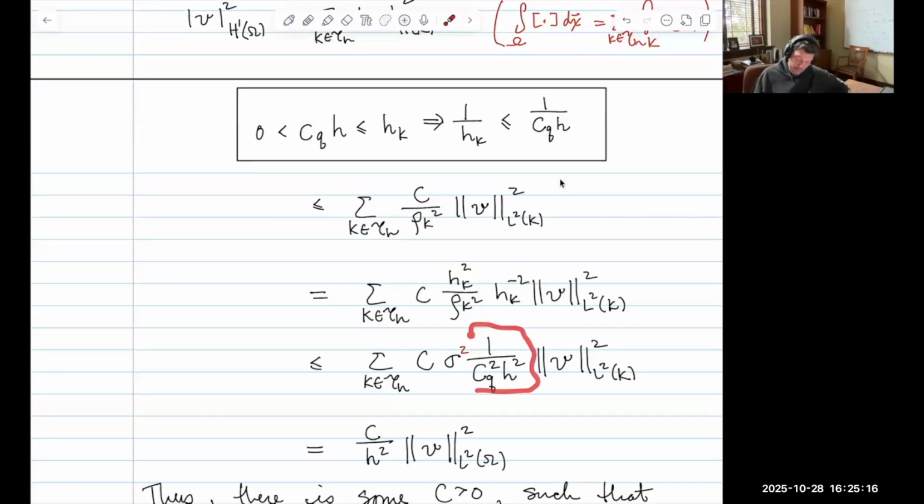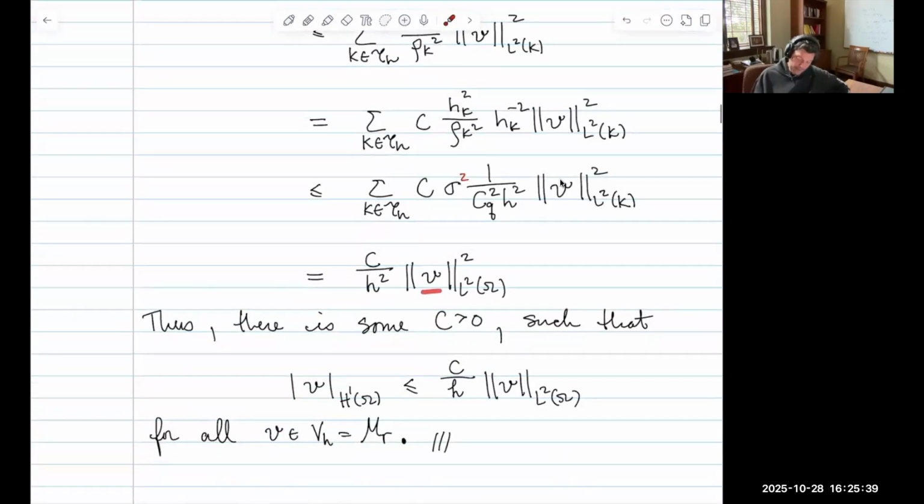So I'm replacing that by this calculation here. And now once I have these numbers here, notice that they're completely independent of k, so I can bring them out. Once I bring them out, I can rewrite what's left as just an L2 norm squared over the whole domain. And now I'm working in that variable v, back to variable v.